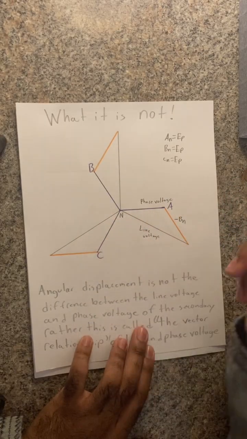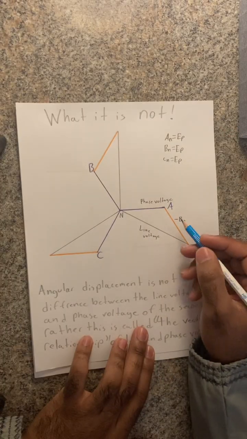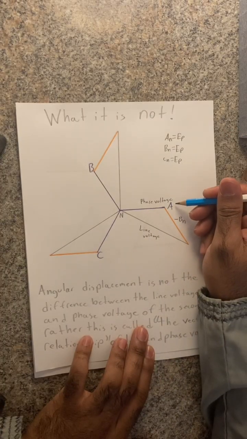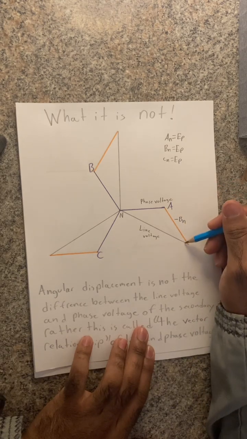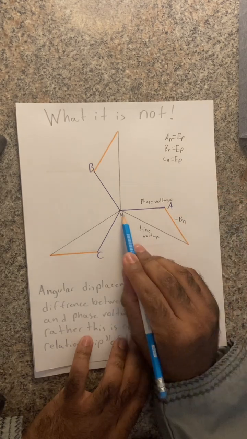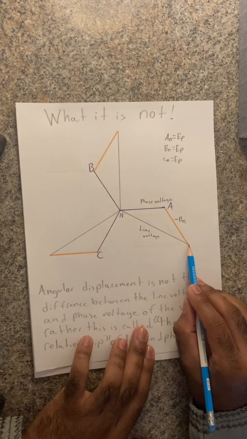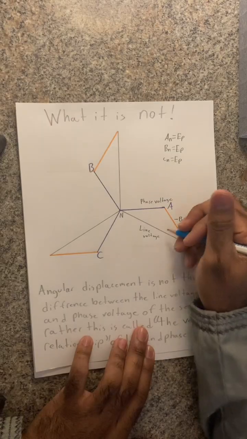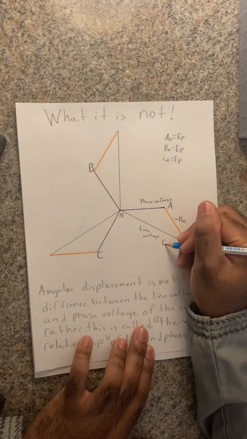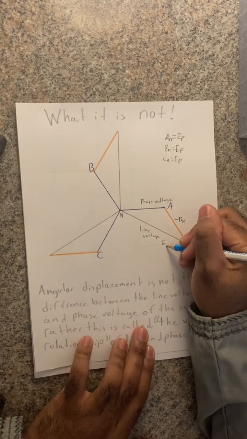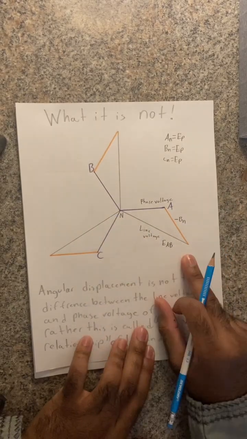So we have that An plus negative Bn equals this line voltage, which we can consider to be voltage EAB. This would be considered voltage EAB.